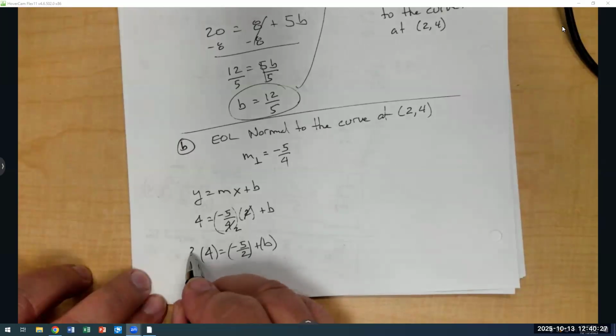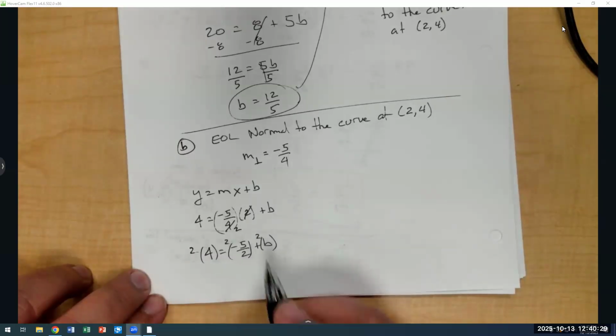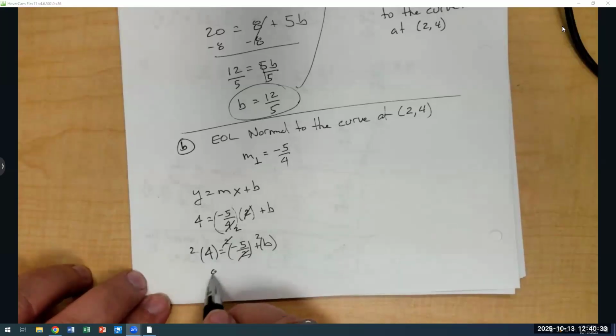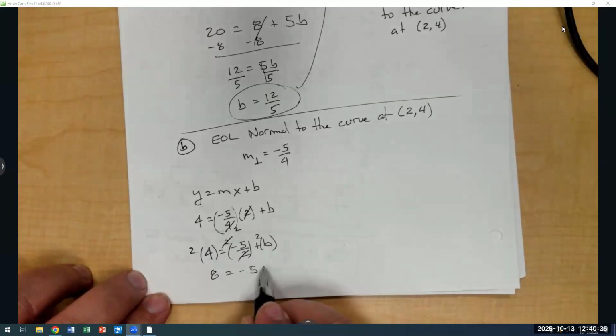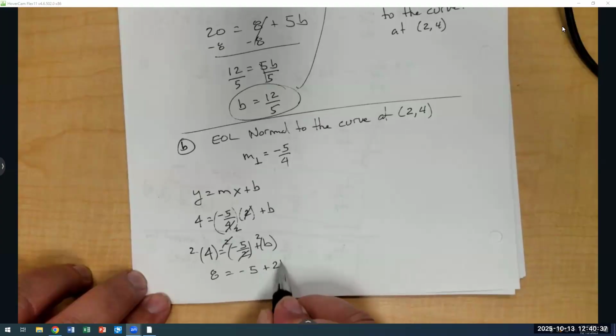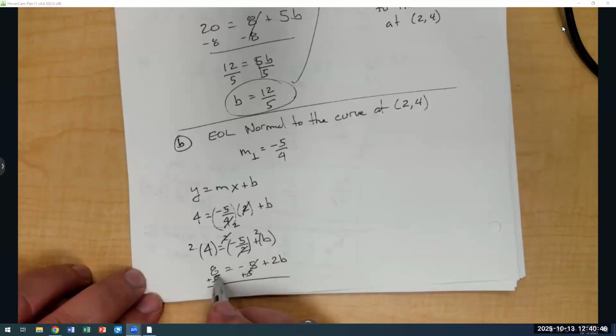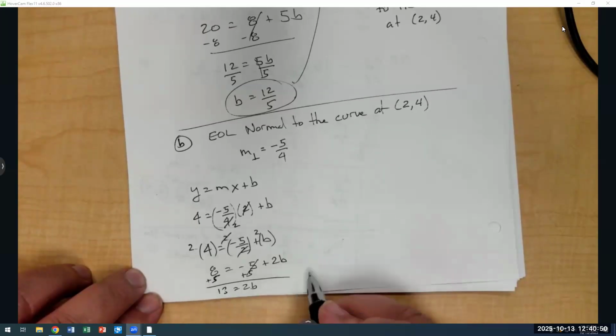Multiply each of my terms by the LCD. Twos cancel, so we have 8 equals -5 plus 2b. Eight plus 5 is 13 equals 2b.